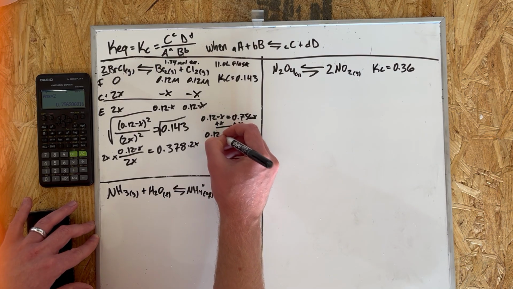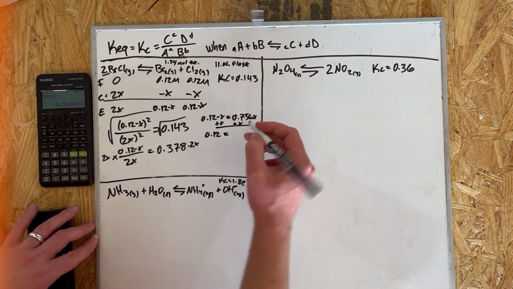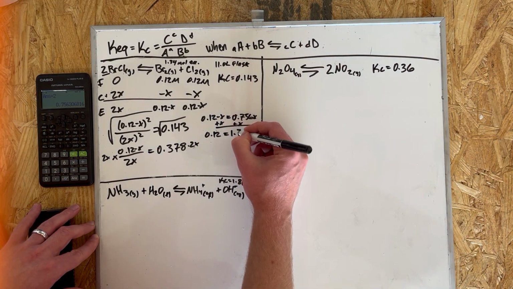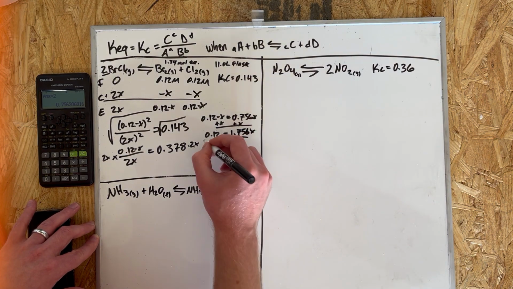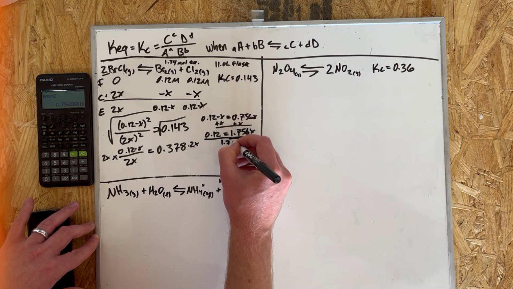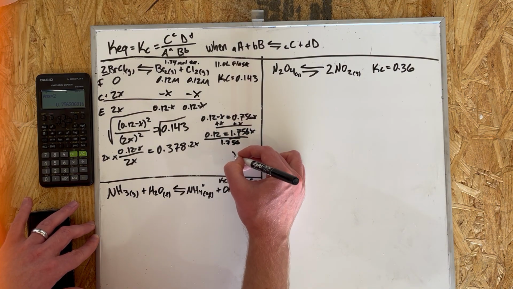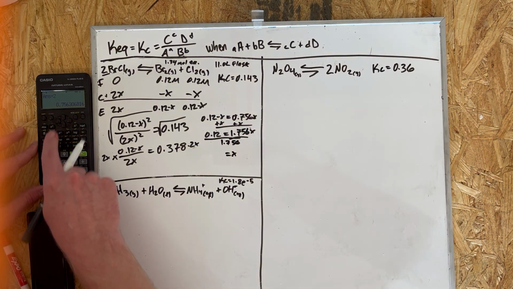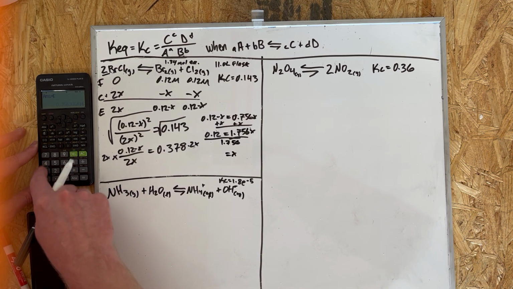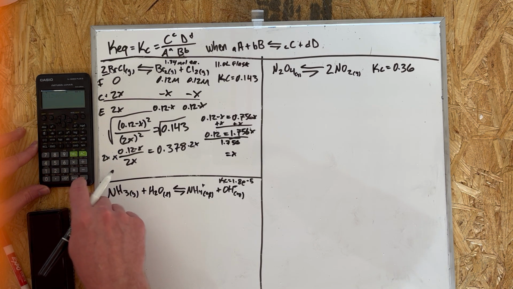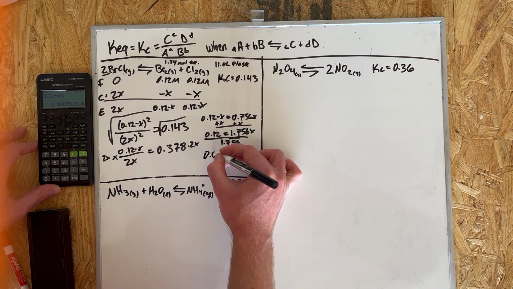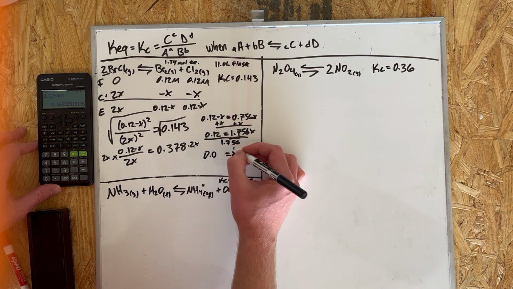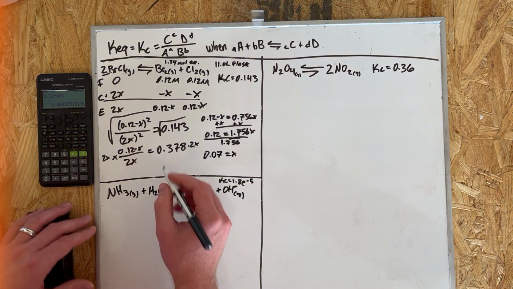So we have 0.12 equals 1.756x. Divide both sides by 1.756. We then get x equal to, 0.12 divided by our answer, 0.068, we'll just say 0.07.